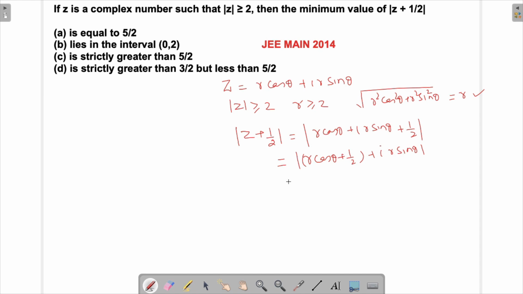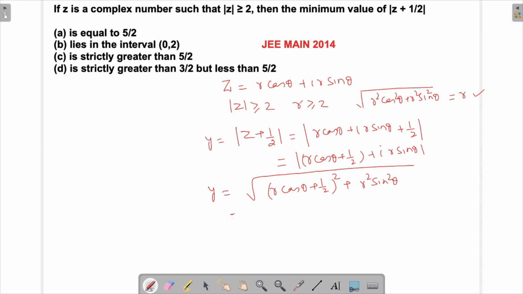So what will be the modulus of it? The modulus of this will be the square root of r cos theta plus half, whole squared, plus r square sin square theta. So let's call this, for the time being, y. This is what is my y.